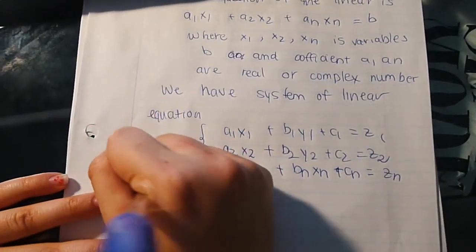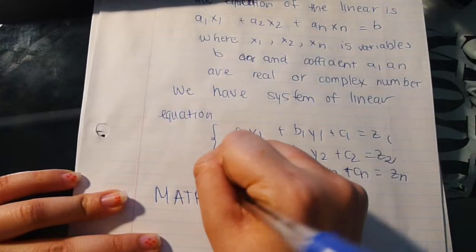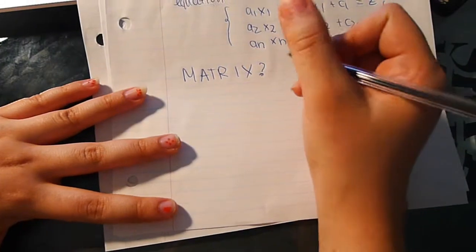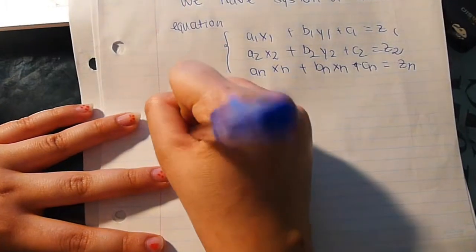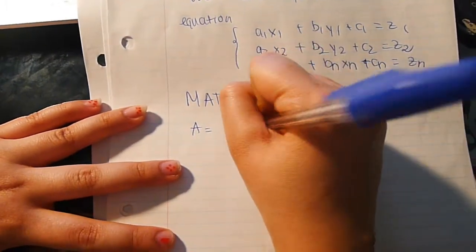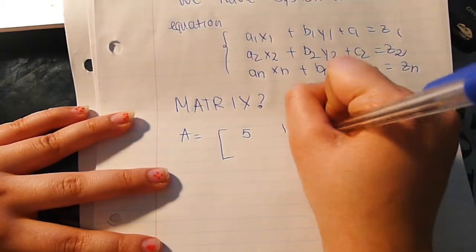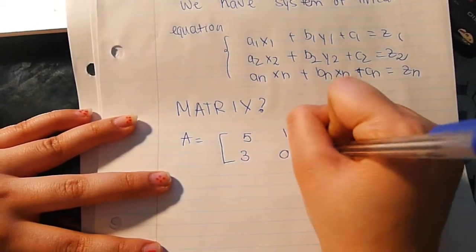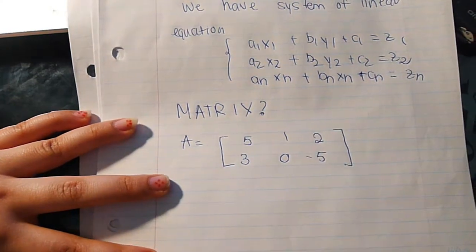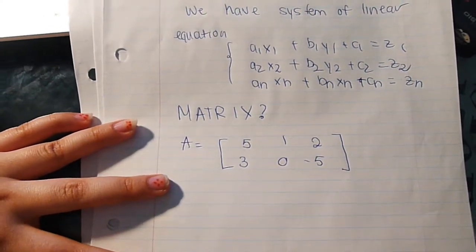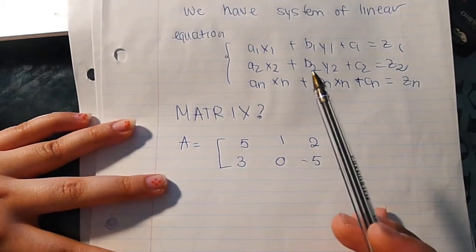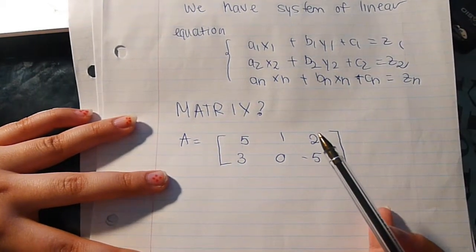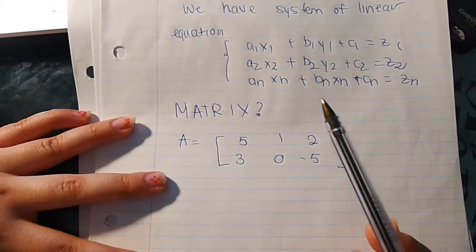So, what's the matrix? A matrix is a transformation of the linear equations. It's like that. Where 5 is A, 1 is B, 2 is C, and that's the undefined.